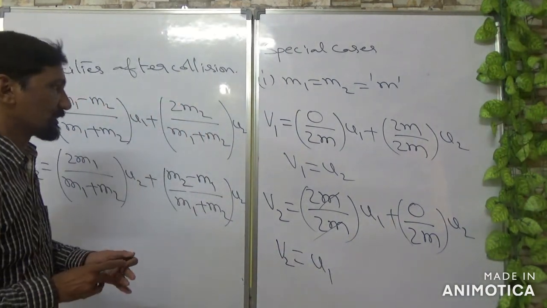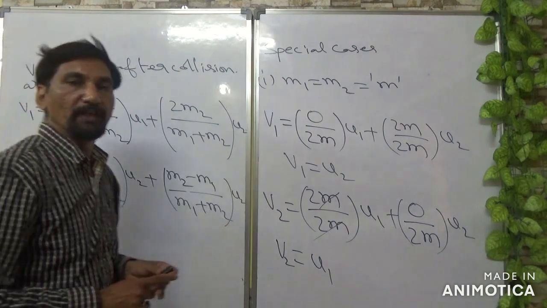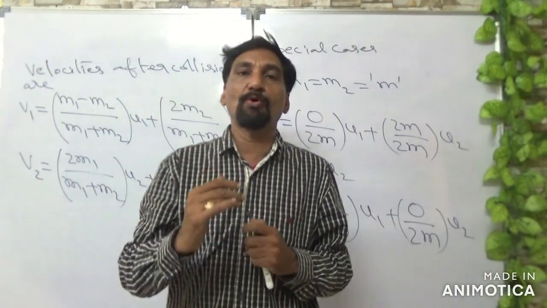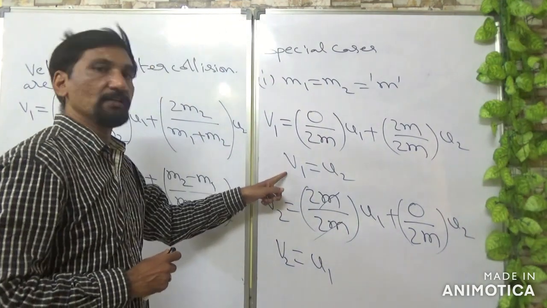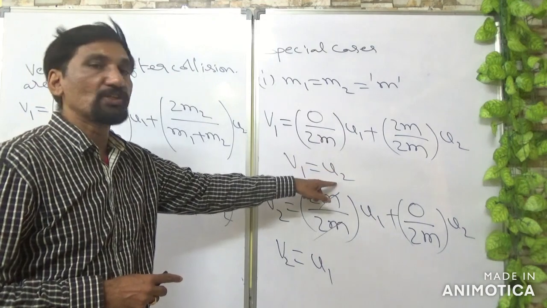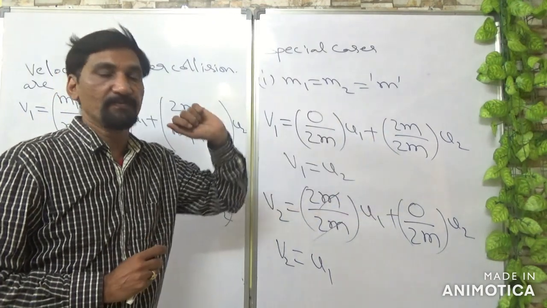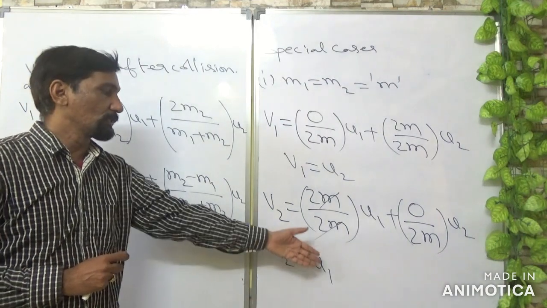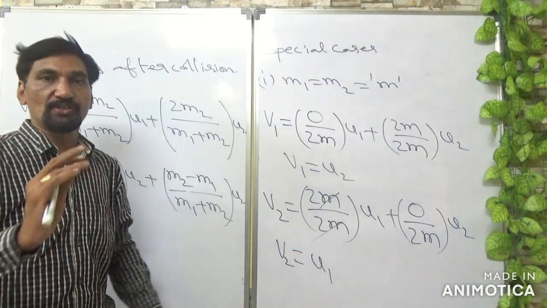What do you notice from these two? After the collision, the final velocity of the first body equals the initial velocity of the second body, and the final velocity of the second one equals the initial velocity of the first one.